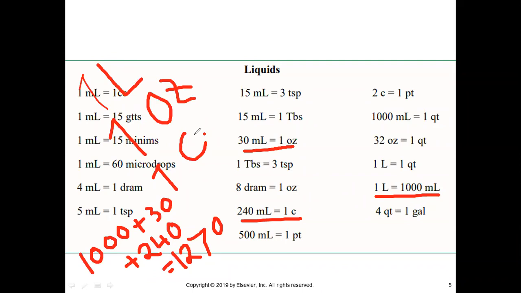What are the total amount of fluid intake? So 1 liter equal to 1000 ml, 1 ounce orange juice equal to 30 ml, and 1 cup juice equal to 240 ml. So all together, 1000 plus 30 plus 240, 1270 ml is total input.